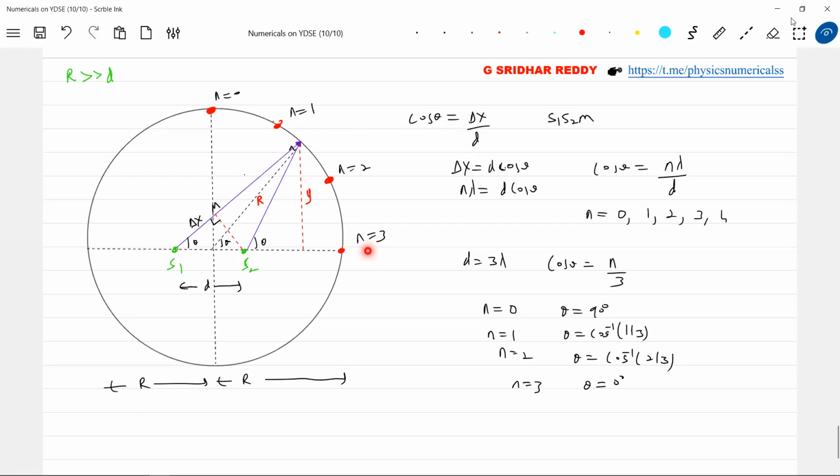So if I go along the circular path, how many maximas will I notice? Here 4, so here also put 4. Here also maximas will come. Then in the second quadrant 2. 12, sir. So it can be like this.